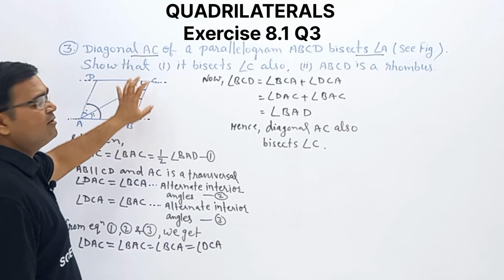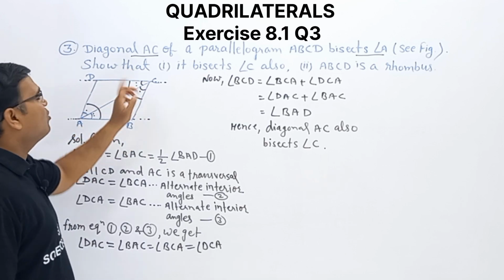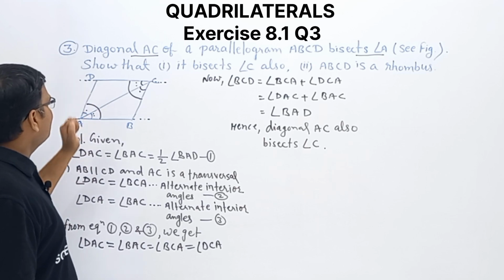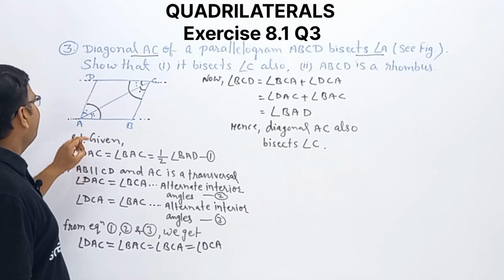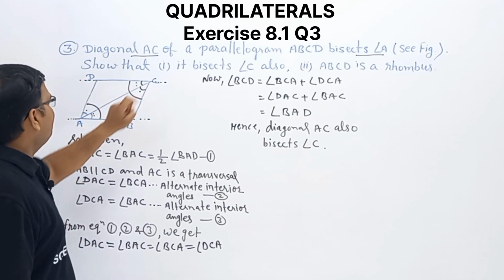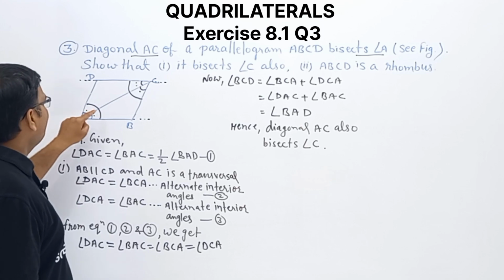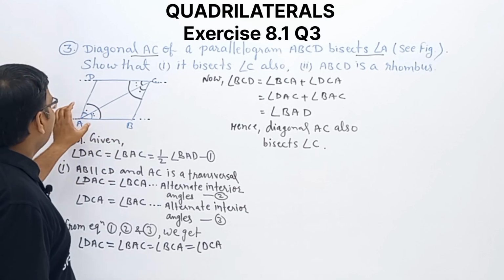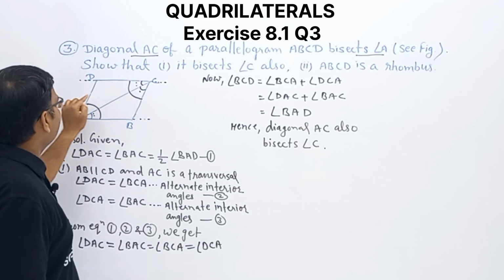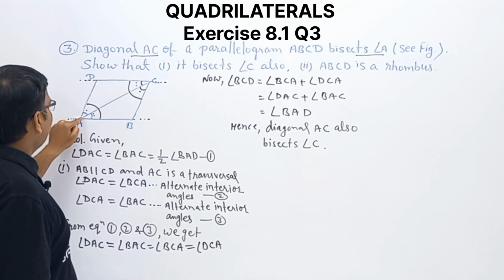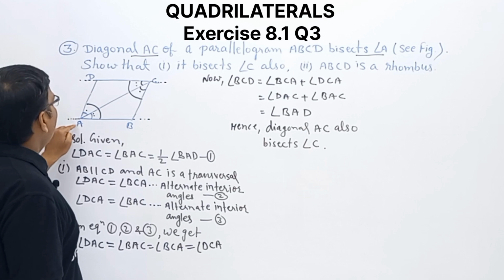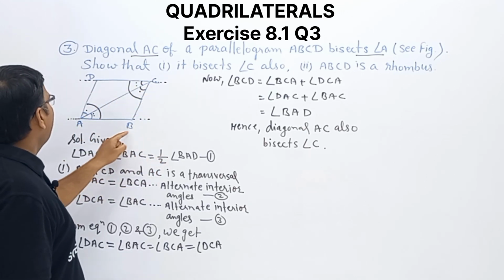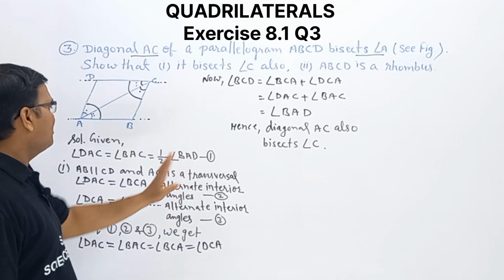We have one parallelogram and AC is its diagonal. AC is given as bisecting angle A, so angle DAC plus angle BAC equal to half of BAD. Equation number 1.